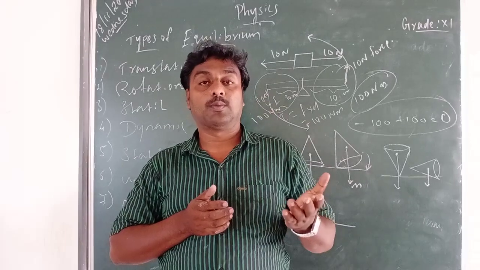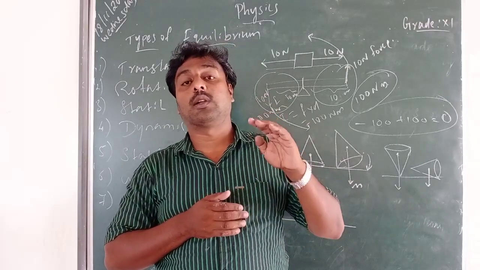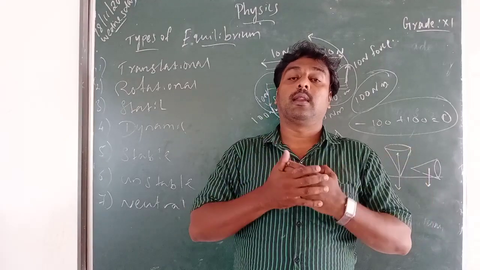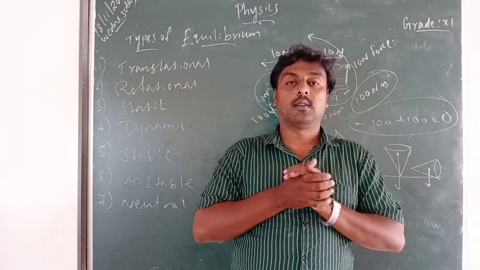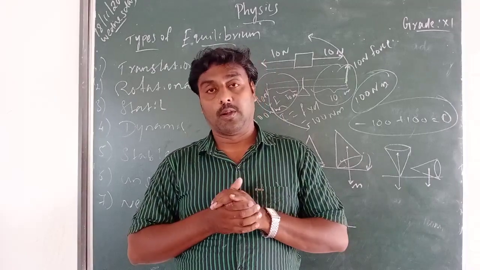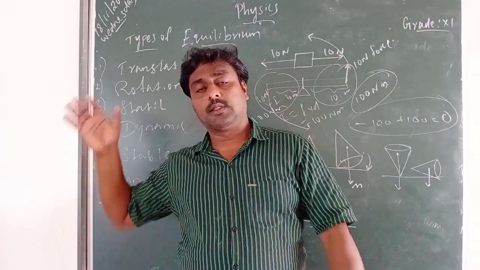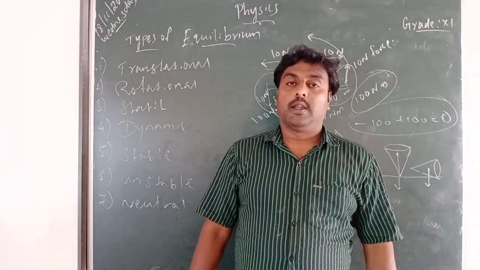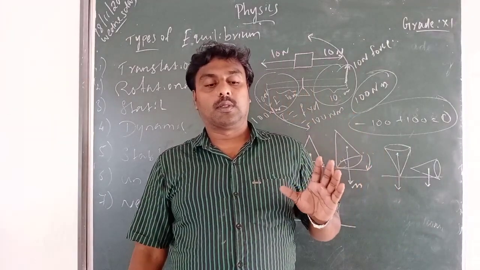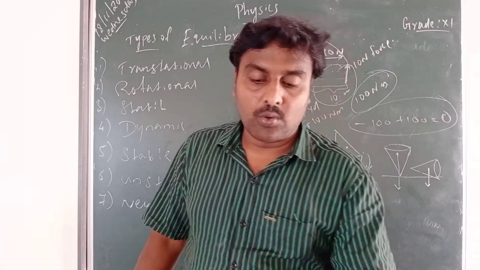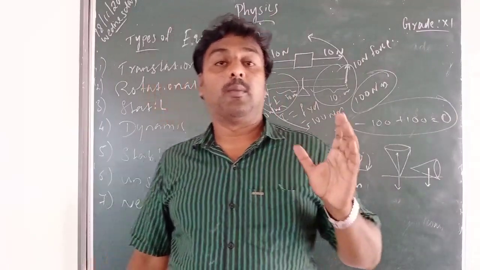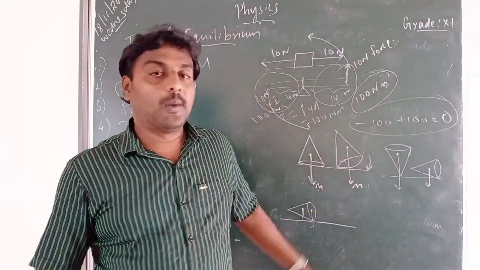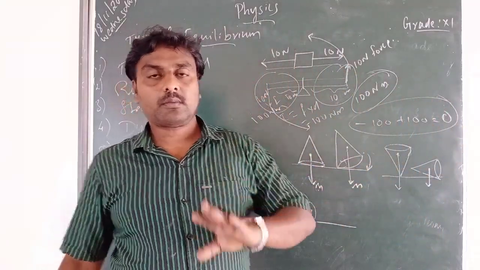And in the third one, potential energy stays the same because the center of mass stays in the same position, since even if you slightly disturb it, it stays in the same equilibrium state. So this is about the types of equilibrium. Dear students, it is one of the important questions. You can mark it, page number 228. It is an important 5-mark question. Keep these examples in your mind and study this.